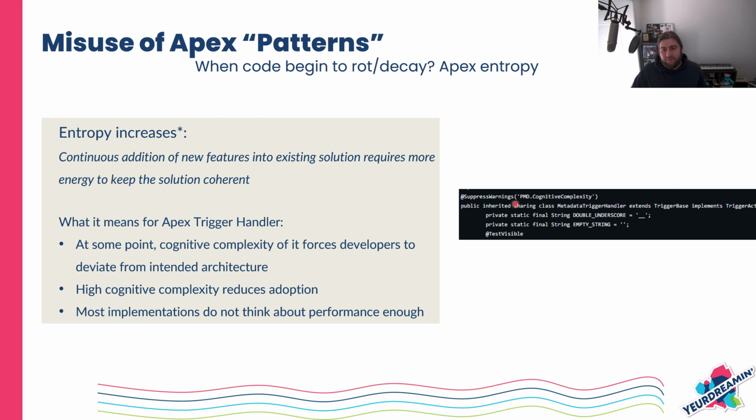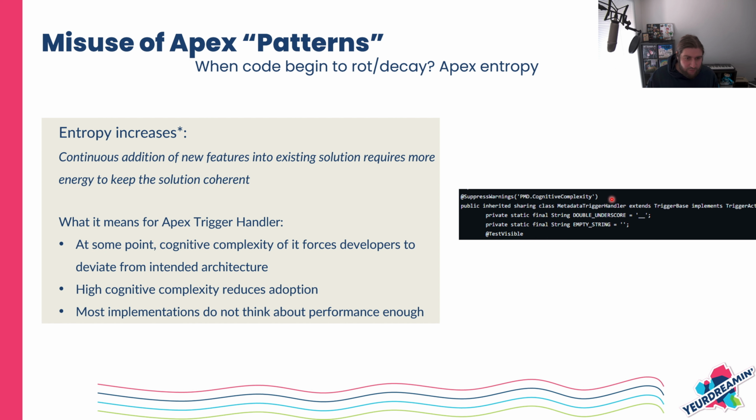However, its cognitive complexity is being suppressed, meaning that PMD believes that this is a cognitively complex class. So it would be very hard for people who maintain this to keep it as coherent as it is now. They would need to spend a lot of effort to do it, right? So keep that in mind.